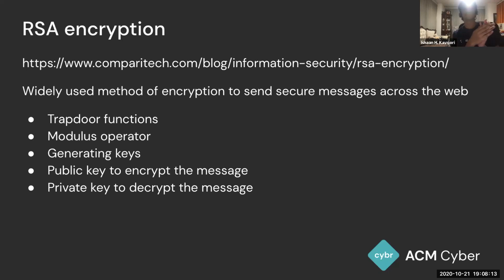The benefit of that is you can share this public key, the one to encrypt, with anyone. And as long as you're keeping your private key safe, the information that people send to you can be secure. Okay.